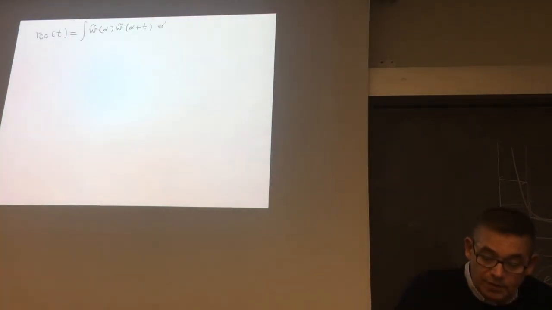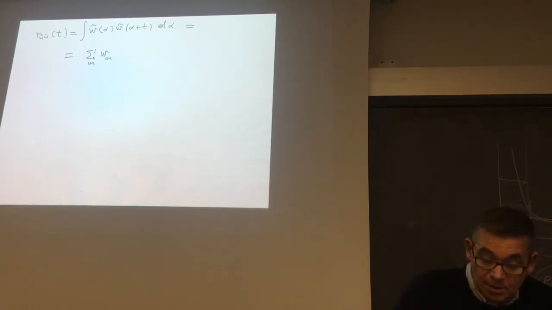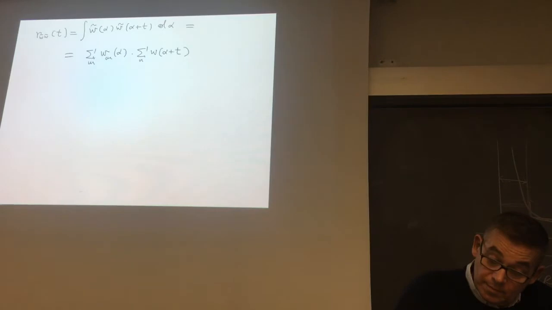This is equal to the sum over m of w_m(alpha) times the sum over n of w_n(alpha plus t), d alpha.